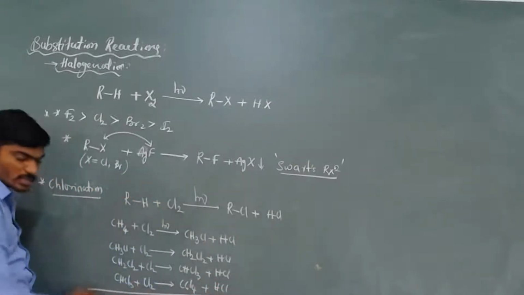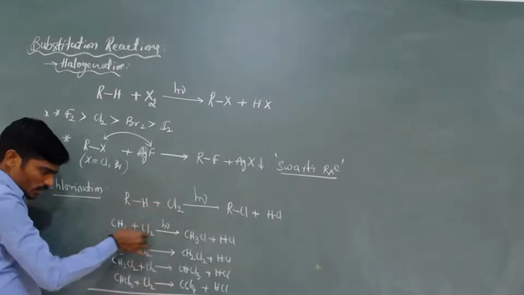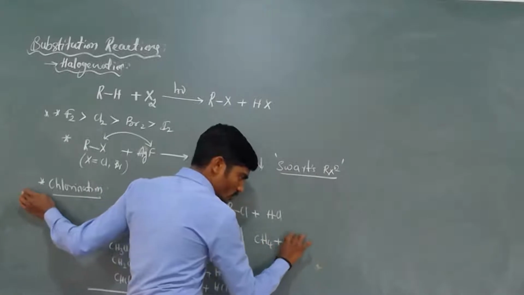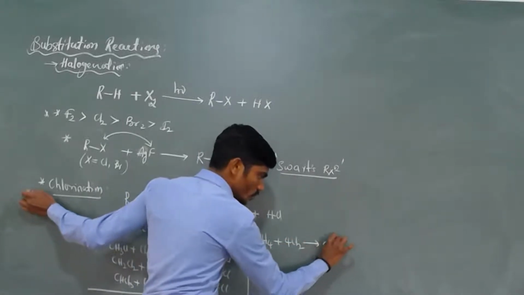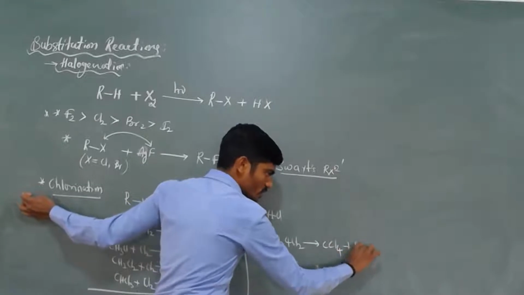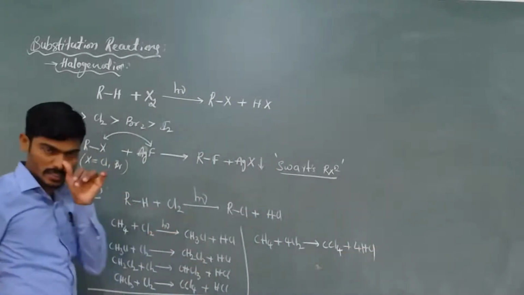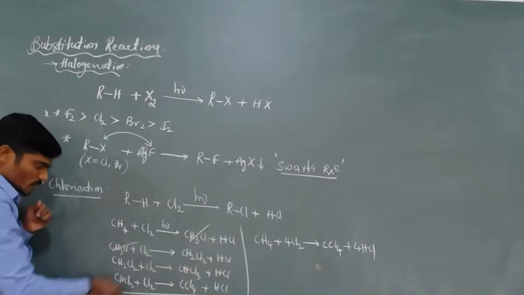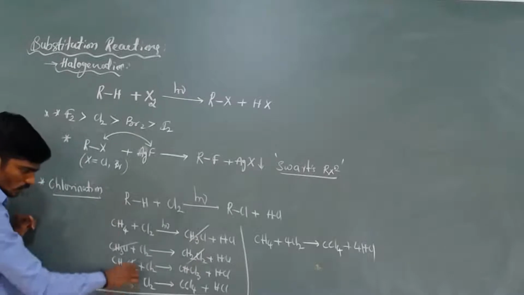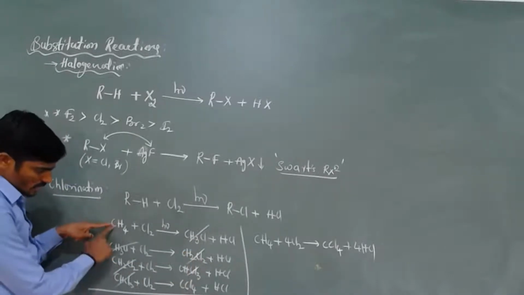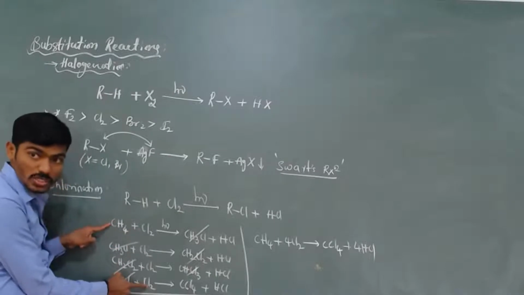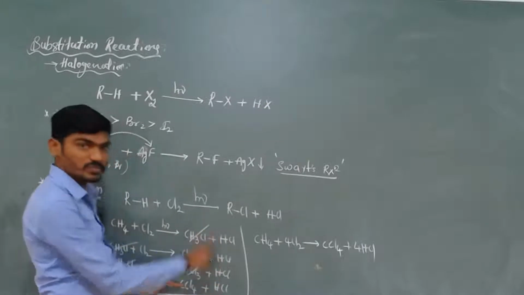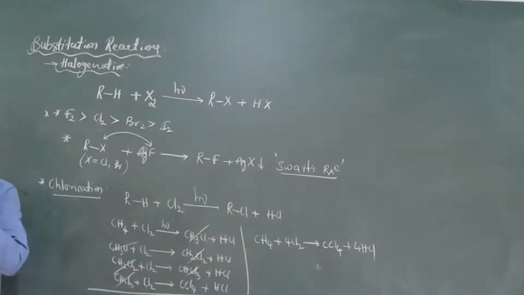Then what is the overall reaction? CH4 plus 4Cl2 gives CCl4 plus 4HCl. Correct? Because when we add these equations, CH3Cl, CH2Cl2, and CHCl3 get cancelled, leaving CH4 plus 4Cl2 giving CCl4 plus 4HCl.